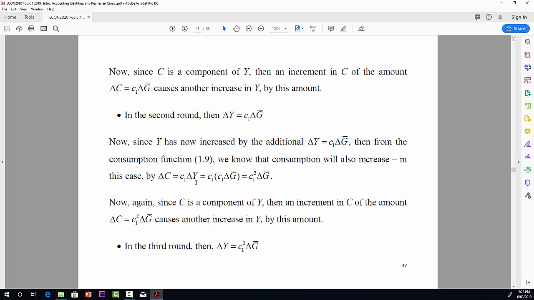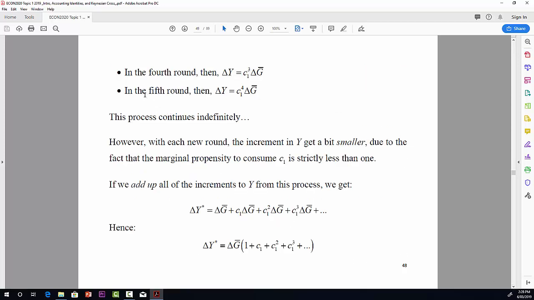It's now going to be C1 times this new change in output, so C1 times C1 times change in G, or C1 squared times change in G. That increase in consumption causes another increase in output. So that's going to give us a third round increment in output, C1 squared times change in G. And then there'll be a fourth round.